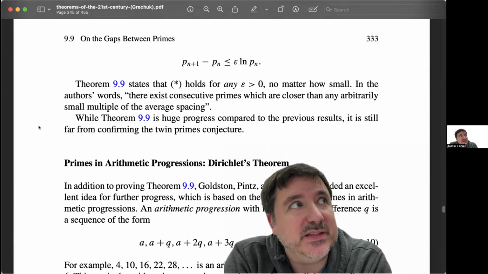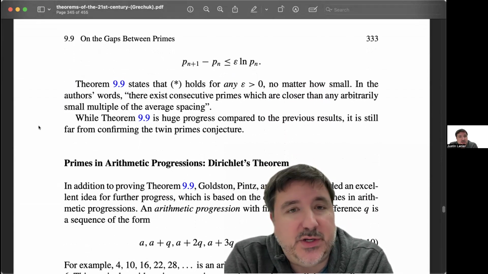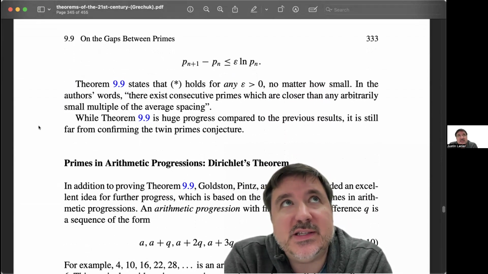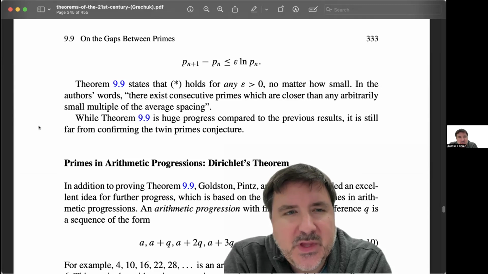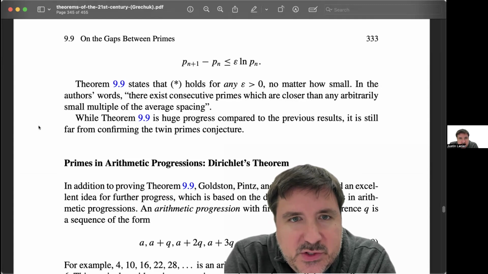So you have the average spacing, and you can do a very, very small fraction of the average spacing and still get infinitely many primes that are that close. Well, theorem 9.9 is huge progress compared to the previous results. It is still far from confirming the twin primes conjecture.